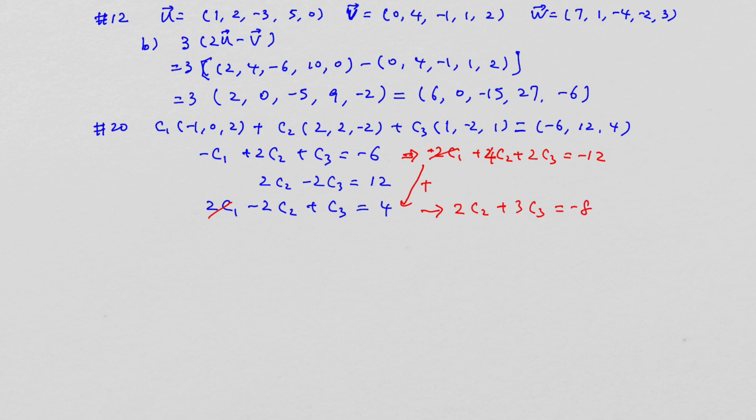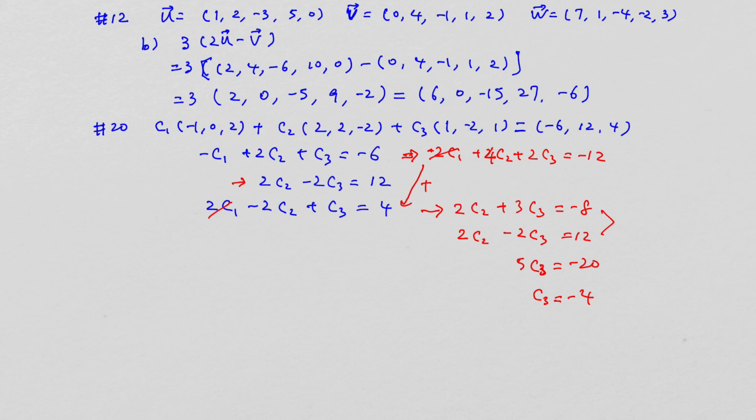So I get a new equation, and with my equation from the second one, 2C2 minus 2C3 equals 12, I can now subtract the two equations. So 2C2 subtract 2C2 is 0. 3 subtract negative 2 is 5C3. Negative 8 subtract 12 is negative 20. Then I can get C3 equal to negative 4.